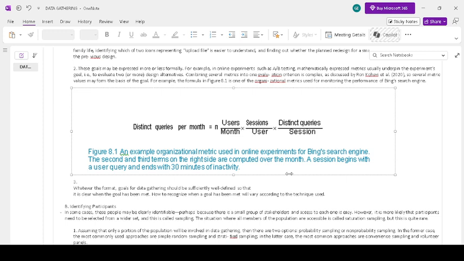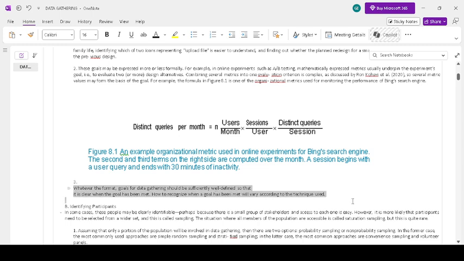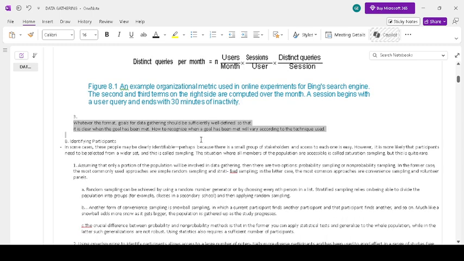Whatever the format, goals for data gathering should be sufficiently well defined so that it is clear when the goal has been met. How to recognize when a goal has been met will vary according to the techniques used. So the degree to which you are able to accomplish your goal depends on the data techniques that you use.